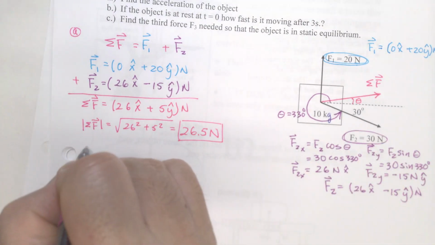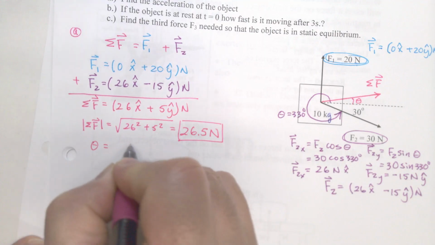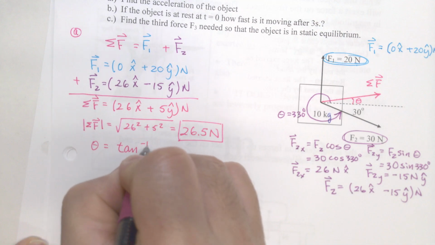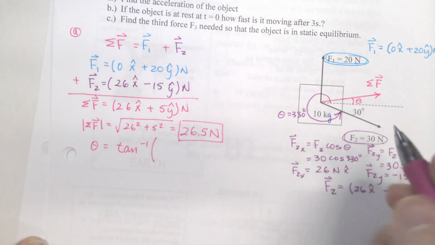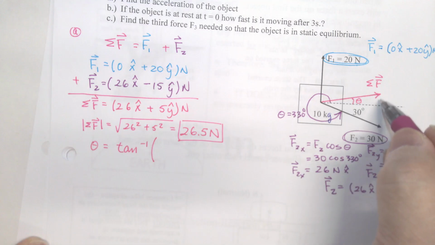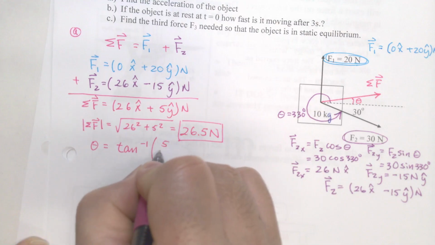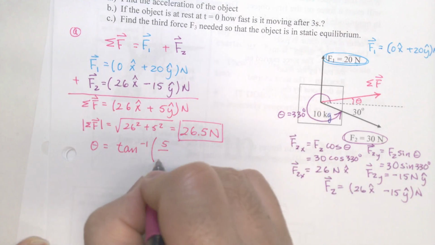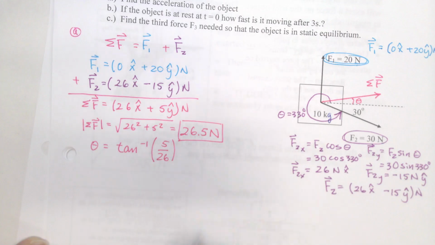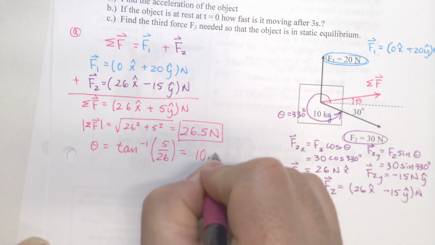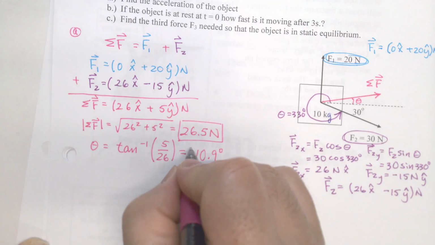The theta, which is in the first quadrant, is the same as your beta, which is tan inverse of opposite, which is F net y, over adjacent, so 5 over 26, and this comes out to 10.9 degrees.